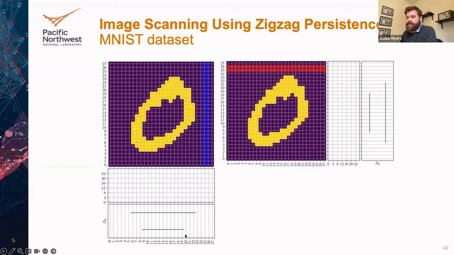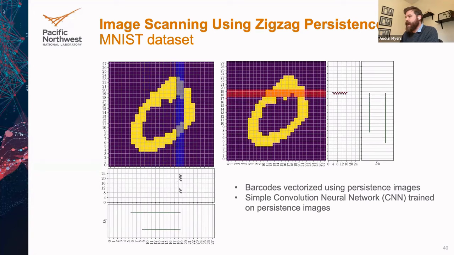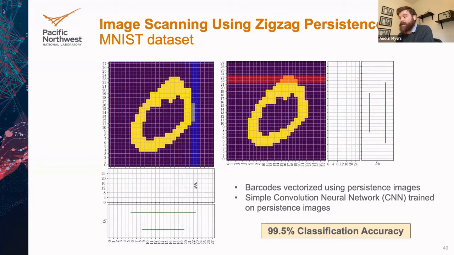So we can take these persistence barcodes and create persistence images from them, and then feed them into that fusion with all the other filtrations. We were able to get up to 99.5% classification accuracy using this really simple, shallow 2D CNN, which is comparable to some of the state-of-the-art methods that use deep neural networks to study these images directly.